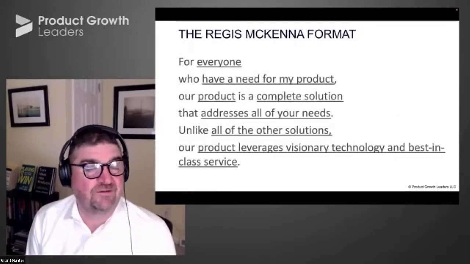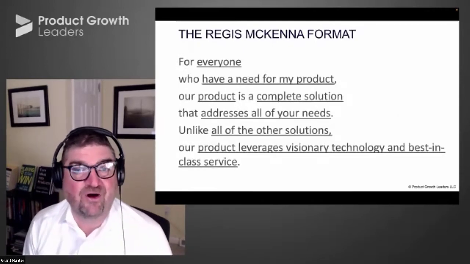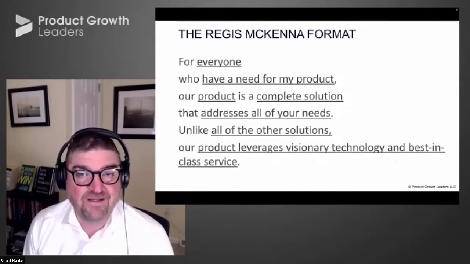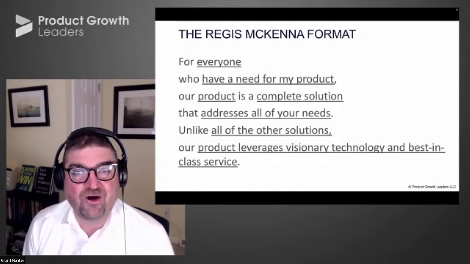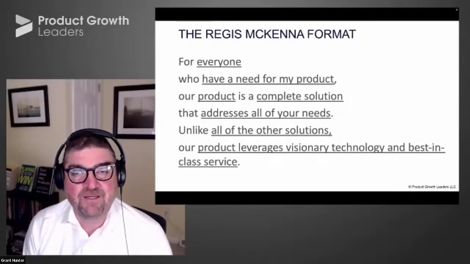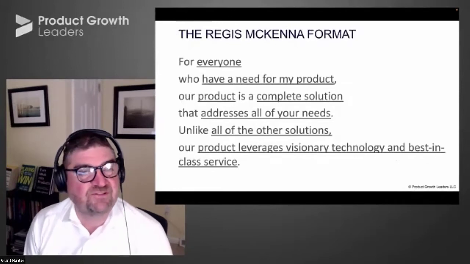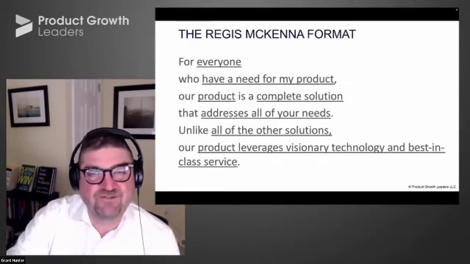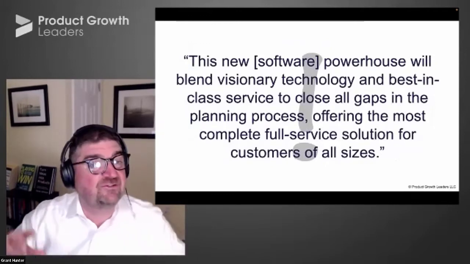For everyone who has a need for my product, our product is a widget that makes your life better. Unlike all of those other widgets, our product leverages visionary technology and best-in-class service. And when this is your positioning statement, you end up with messages like this. Now, this is true.